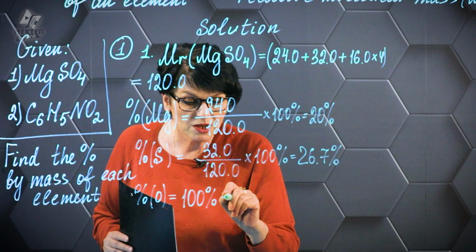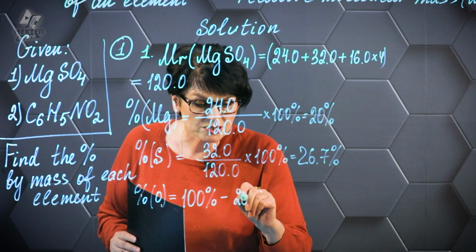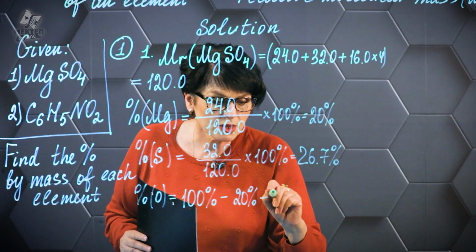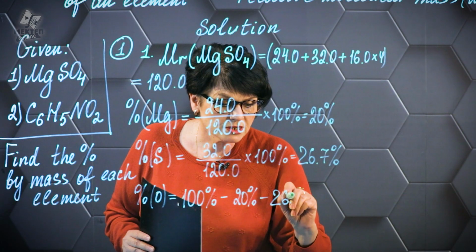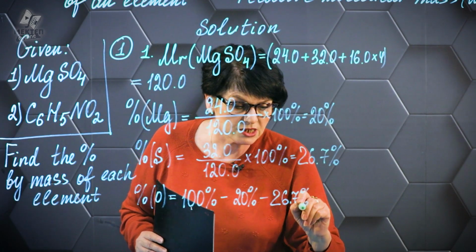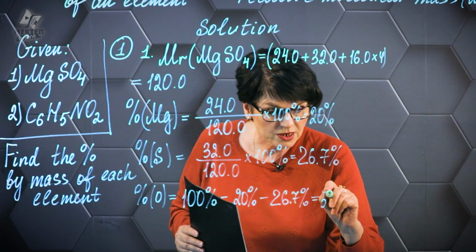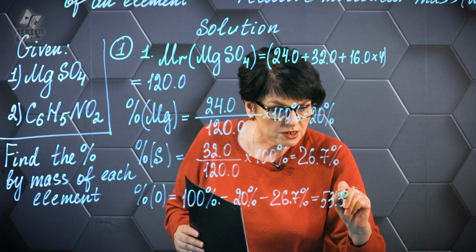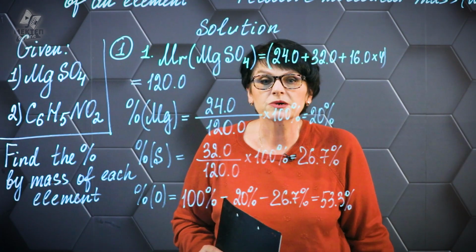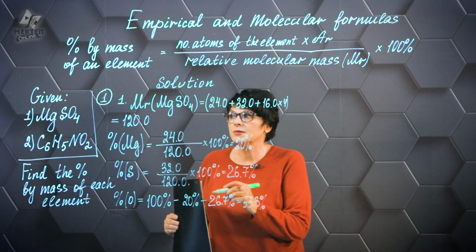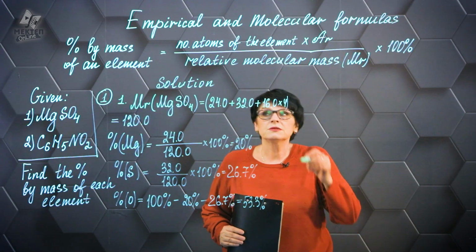We subtract 20% for magnesium and 26.7% accounted for by sulfur from 100%. And then oxygen will account for 53.3%. All right, our calculation for MgSO4 is done.